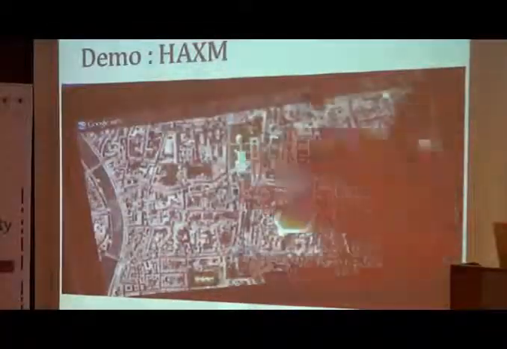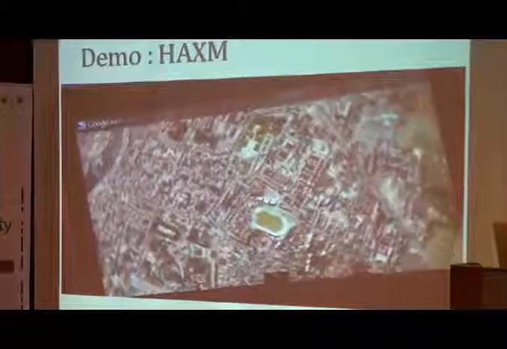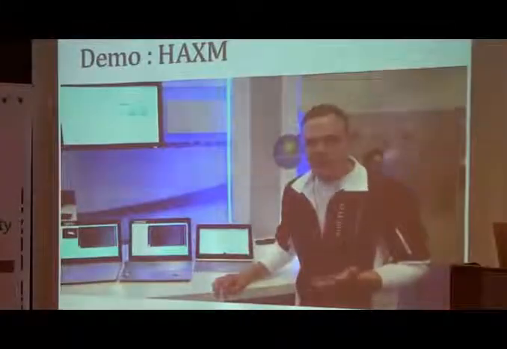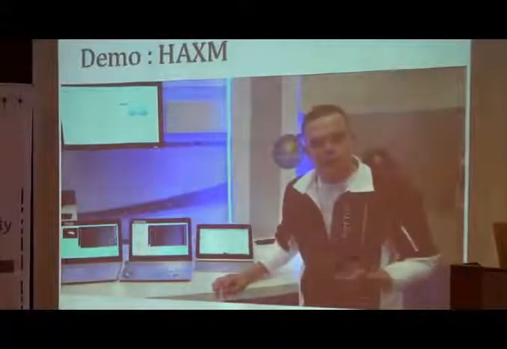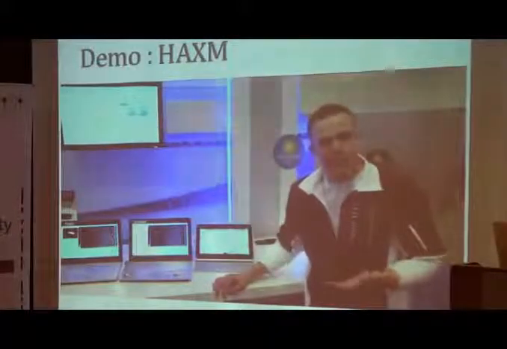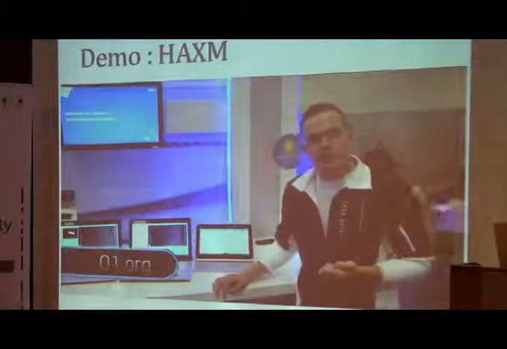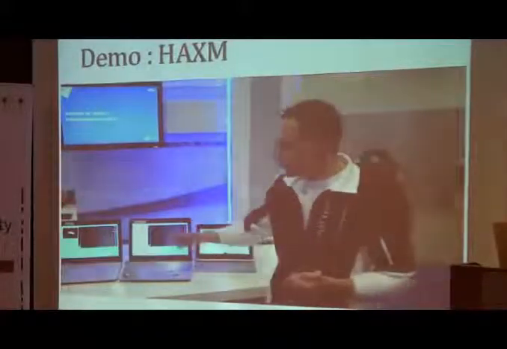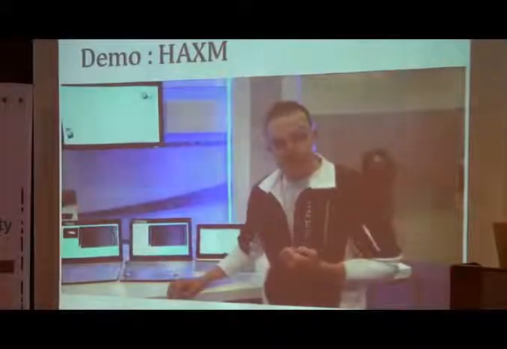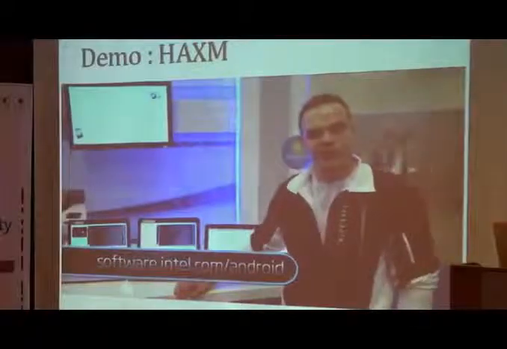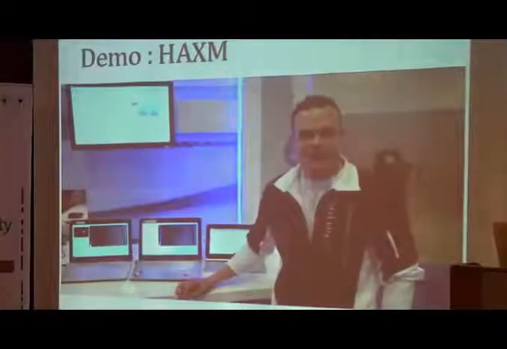This is much faster than any other Android tablets on the market. This is using our previous generation Core i5 processor. Like I said, it's intended for system integrators and developers who want to try Android on x86 without having to contact Intel first. To get this open source build, you can go to 01.org, and to get the HAXM driver, you can go to the Android SDK Manager, or you can go to the Intel.com website where we have detailed instructions on how to install it and how to configure it.